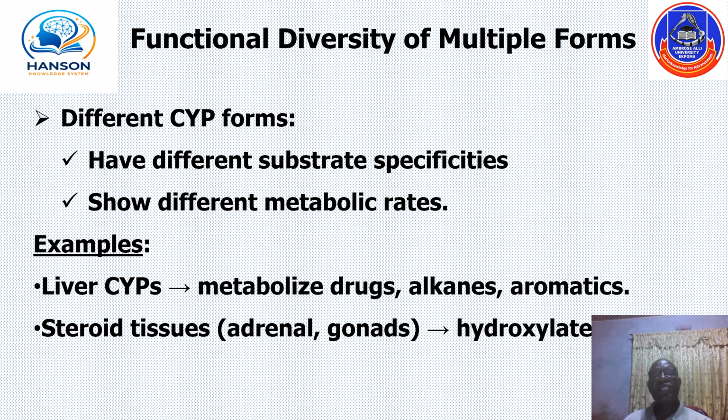For example, the liver cytochrome P450 enzymes metabolize drugs, alkanes, aromatics, while in steroidogenic tissues such as the adrenal and gonad, these enzymes hydroxylate steroids.